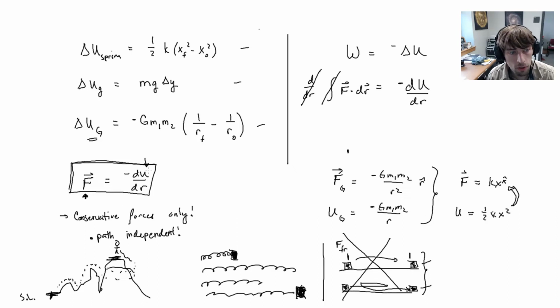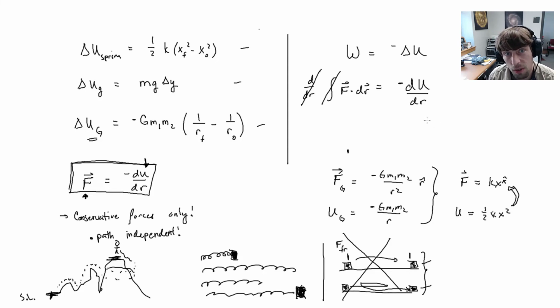So this relationship between the change in the potential energy and the force only holds for conservative forces, path independent. Fortunately, a lot of the ones that are really fun to play with, gravity and springs, are path independent. You're good to go.